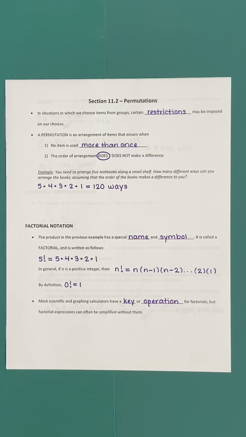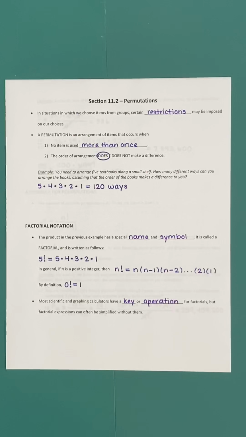For instance, one ordering would be A to Z based on author, one would be Z to A based on author. Maybe you do A to Z based on the title, or Z to A based on the title. If we're talking about a permutation, each of those orderings is different. When we rearrange them, we have a different permutation, a different ordering of those particular items.